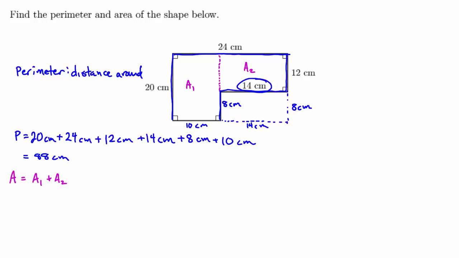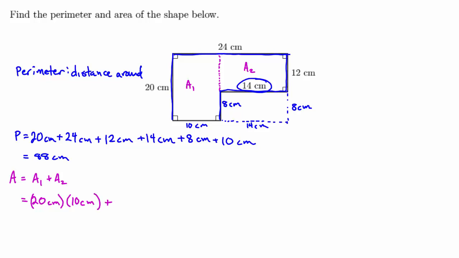I'll use the unknown lengths that I've calculated and written down here for each of these. So for A1, I know that the left side there is 20 centimeters. And so I will take 20 centimeters times, I'm going to do length times width to calculate this area of this rectangle. 20 centimeters times 10 centimeters is that base. So that's the first area.